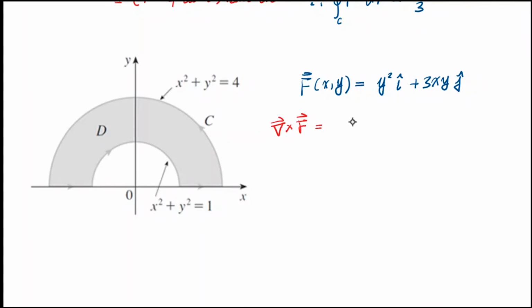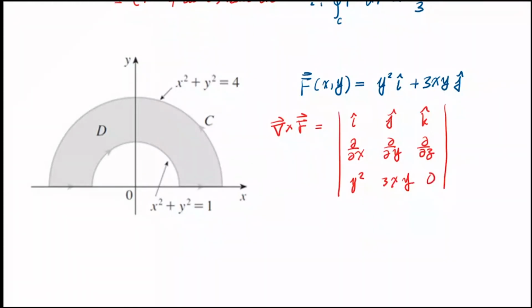We have i vector, j vector, k vector, then partial with respect to x, partial with respect to y, partial with respect to z, and then y squared, 3xy, and 0.